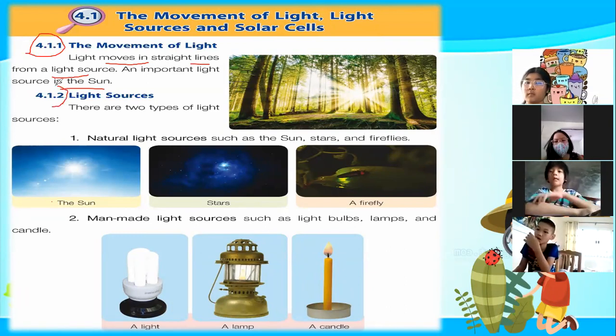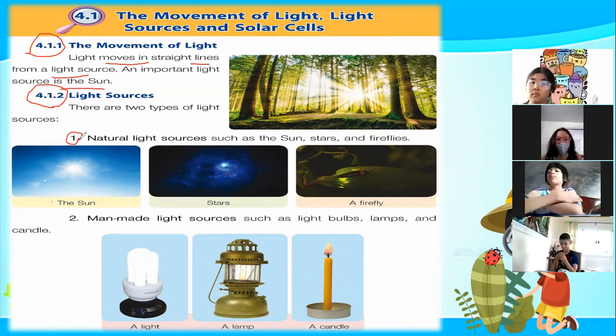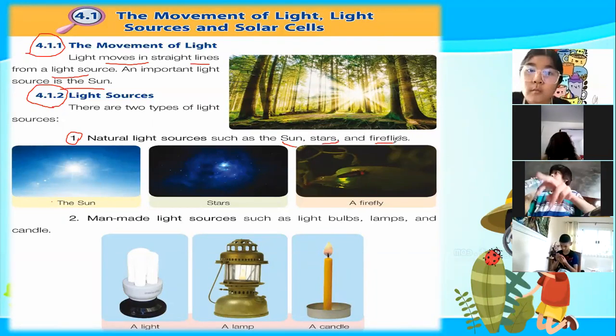And then we have different types of sources of light. There are two types of light. Number one, we have natural light sources. Natural light sources are such as the sun, stars, and fireflies.